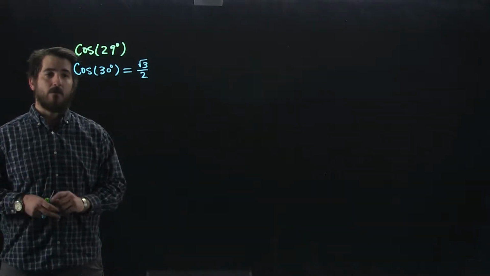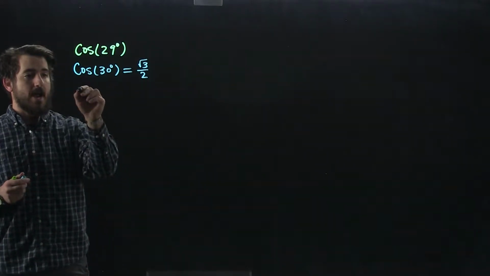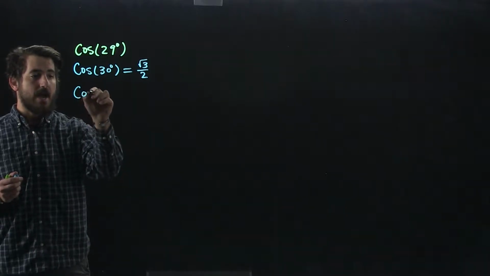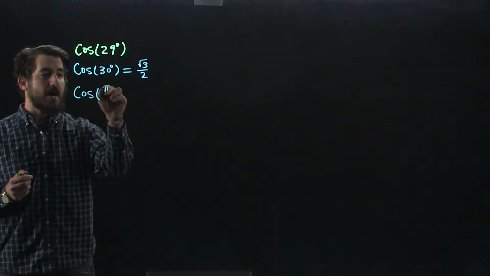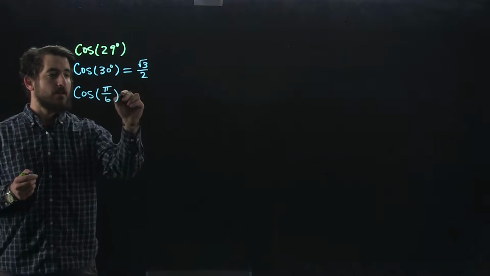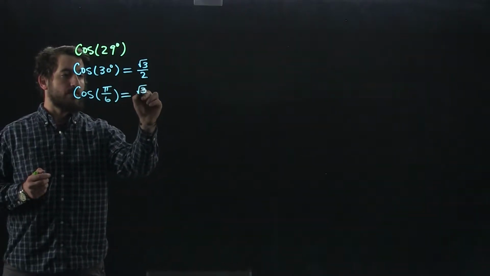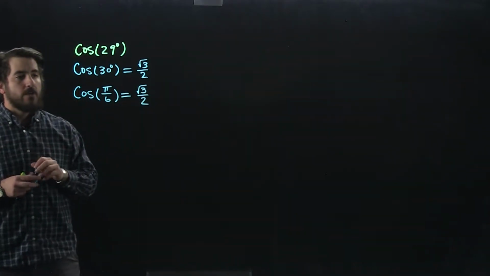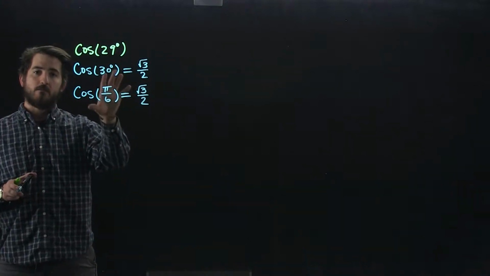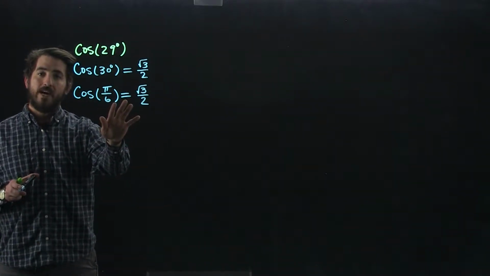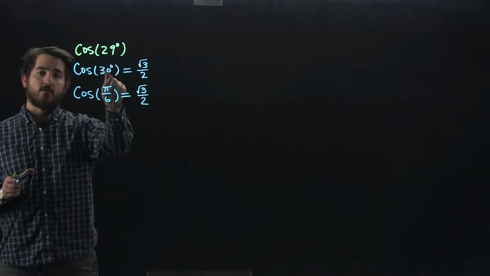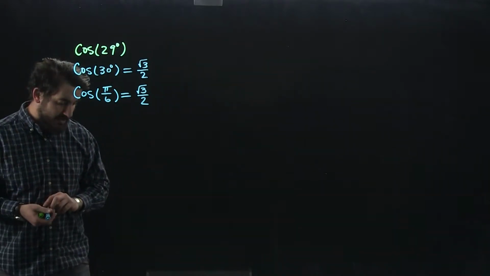In fact, I would be looking on the xy axis at cosine of pi over 6, which equals root 3 over 2. And again, we use the radian conversion from degrees to radians to see that 30 degrees is pi over 6.